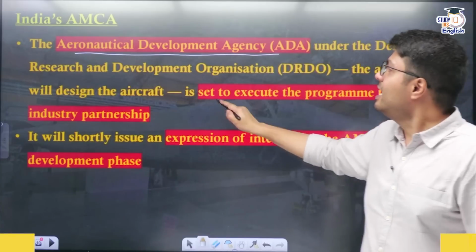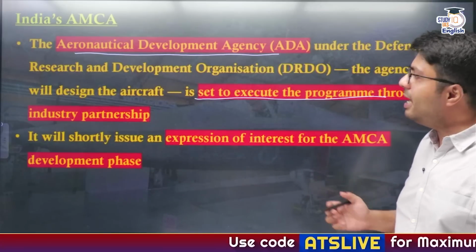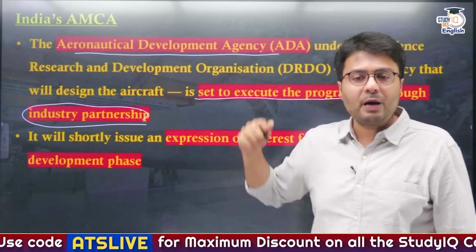And this ADA is set to execute the program of designing and manufacturing AMCA with the help of industry partners. This can be HAL, this can be private players also.